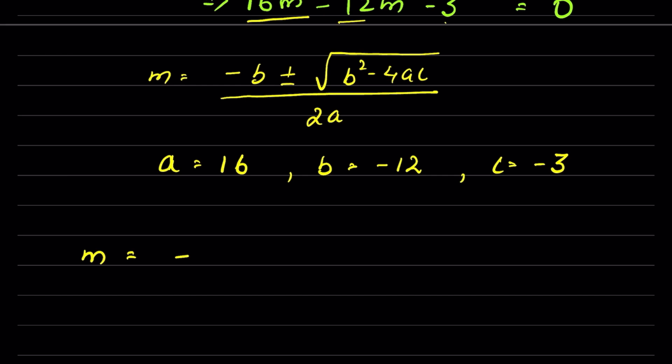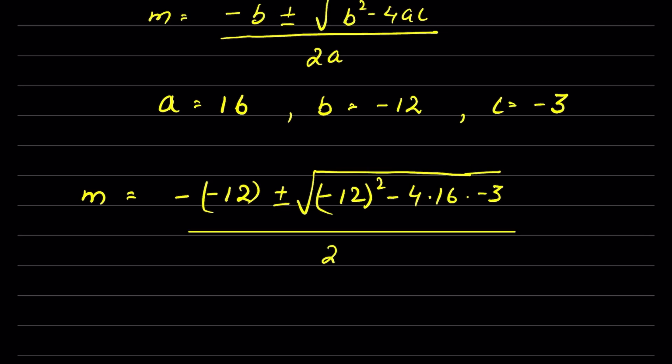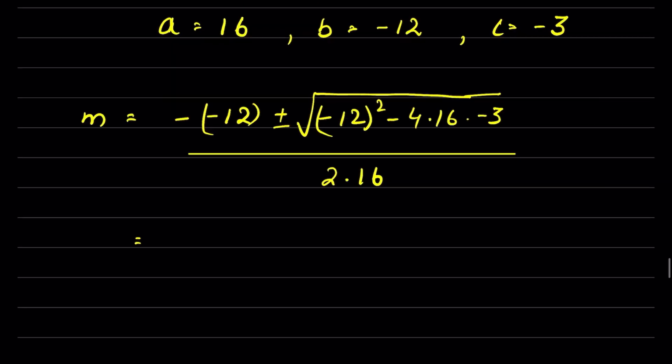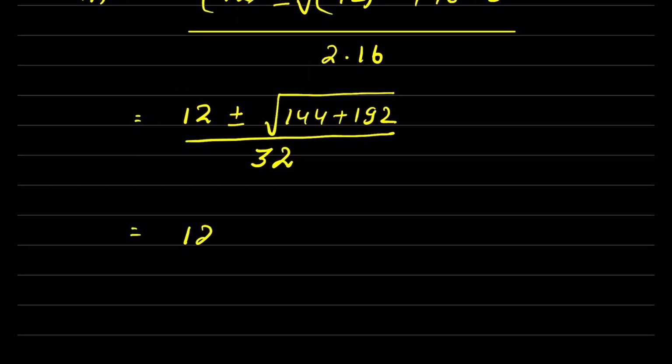Minus minus 12 plus minus square root of minus 12 square minus 4 times 16 times minus 3 upon 2 times a, that is 16. So plus 12 plus minus square root of 144 plus 192 upon 32, or 12 plus minus square root of 336 upon 32.